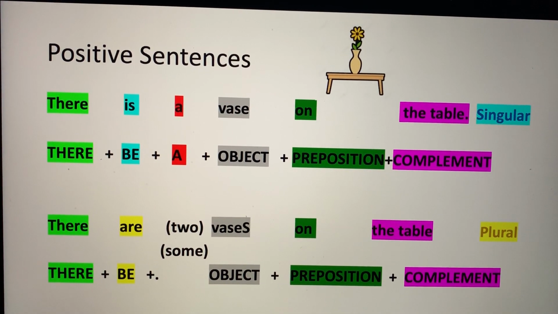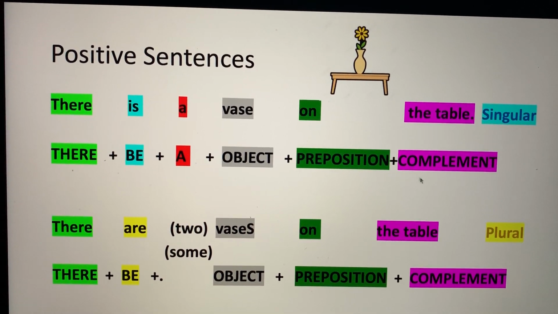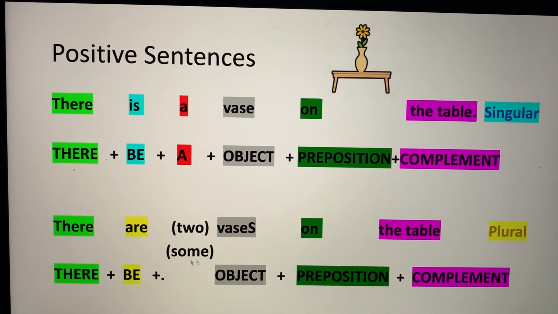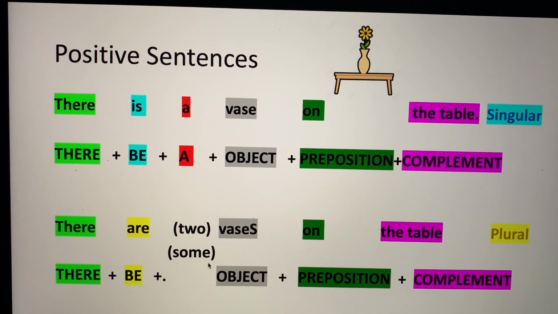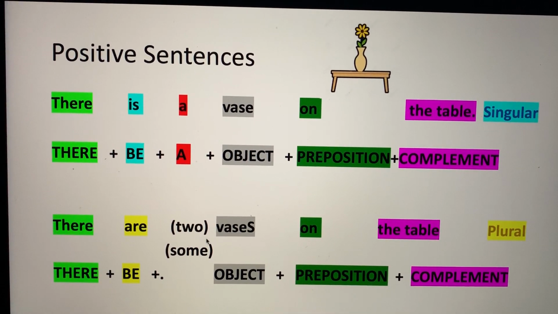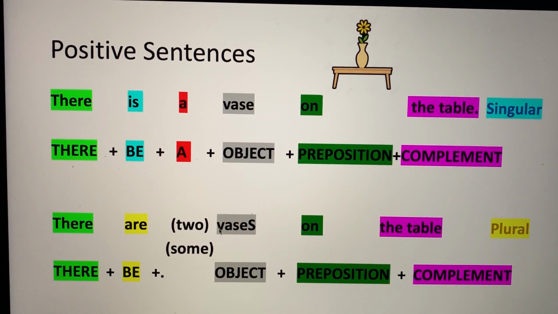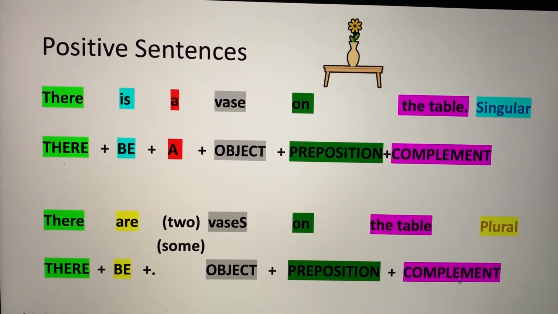The preposition is the position of the object, and then the complement, the table. Here is the same. There, verb to be, the object. In this case we can use a number, or some, or only the object, the preposition, and the complement.